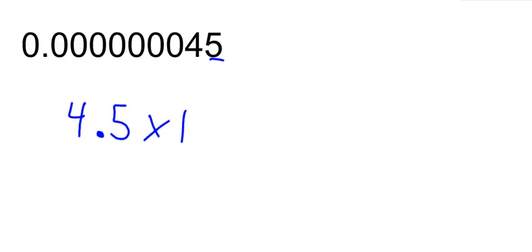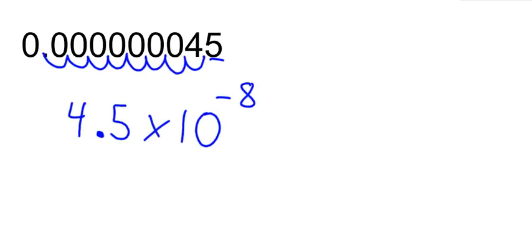Now we're going to multiply by 10 to the negative something, right? Since we're moving it backwards. So we go negative 1, negative 2, negative 3, negative 4, negative 5, negative 6, negative 7, negative 8. And so by working through that, we come away with 4.5 times 10 to the negative 8th as how to express this in scientific notation.